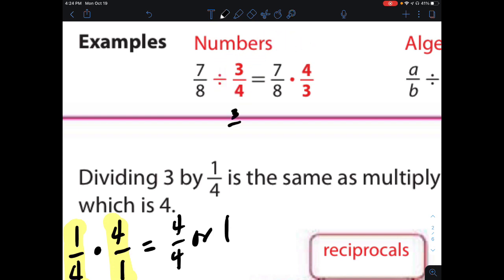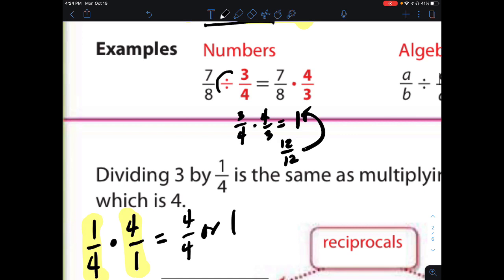Because if I take 3/4 times 4 over 3, the product will be 12 over 12, or 1. Again, we change the division into multiplication, and we get the reciprocal of the other fraction, which is 4 over 3 in this case.